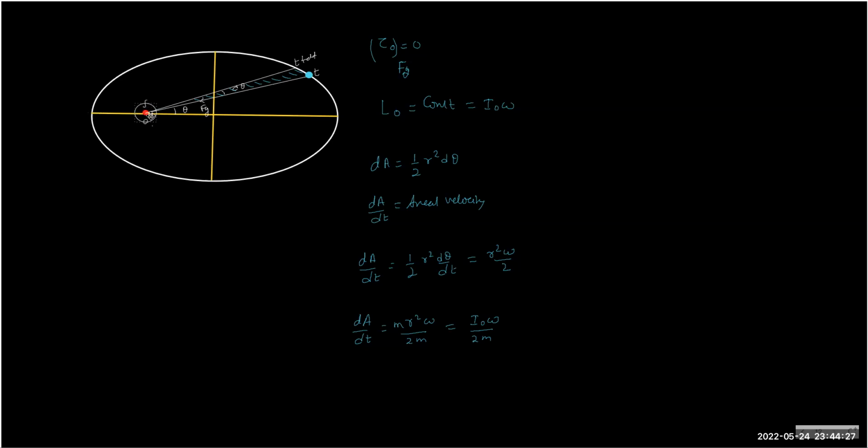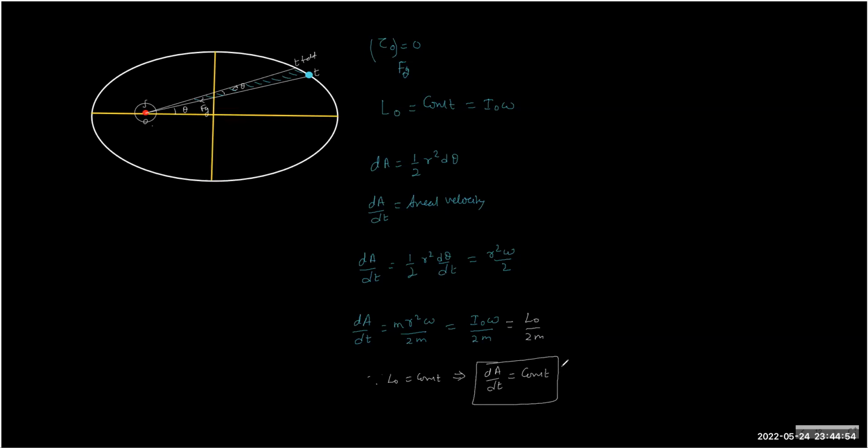So first of all, you need to realize that the sun is the point about which we are conserving the angular momentum. Yes, sir. So I omega we can write as L_O. So since L naught is constant, it implies that dA by dt is also constant. Is this clear?